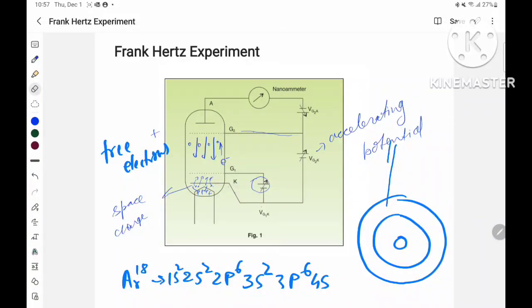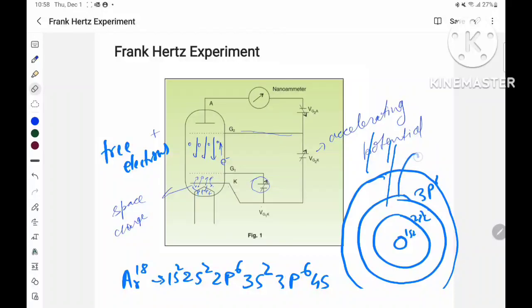Once the free electrons gather sufficient energy, the electrons in the 3p orbital absorb the energy of the free electrons and are able to transition to the 4s orbital.